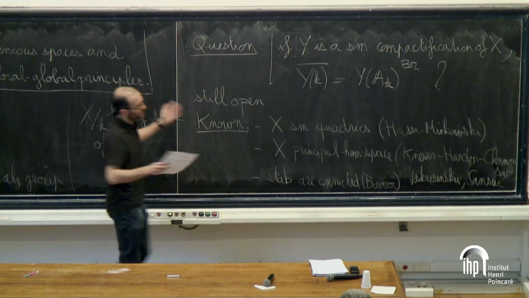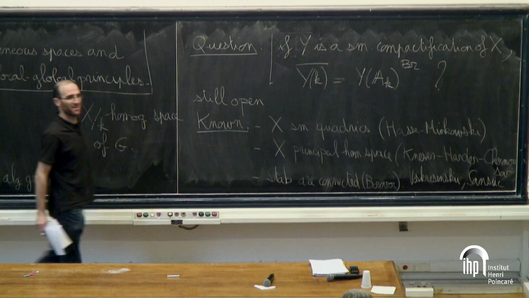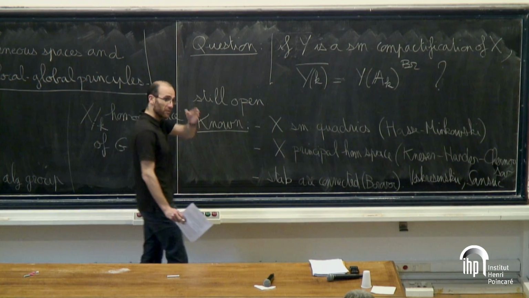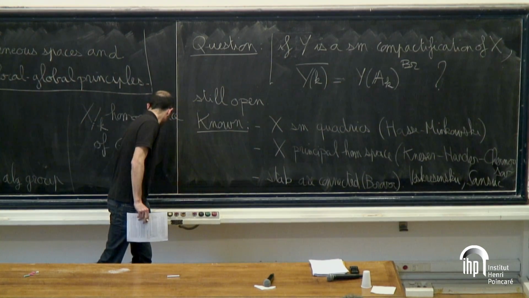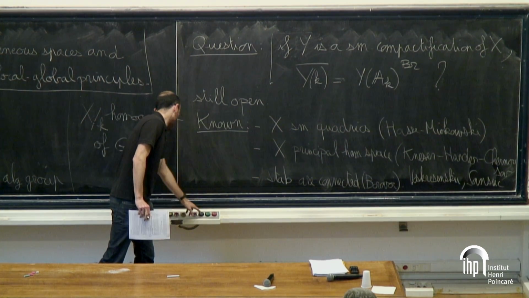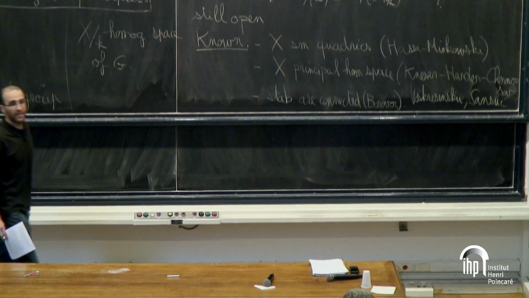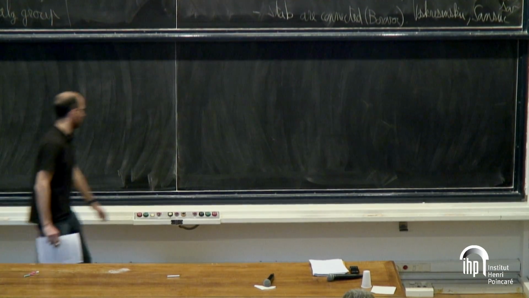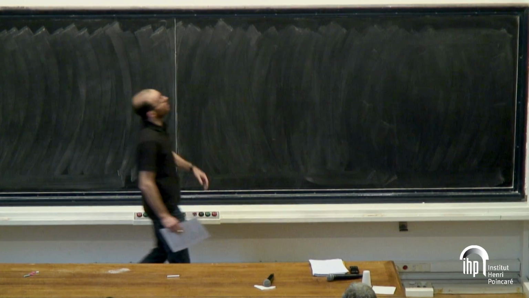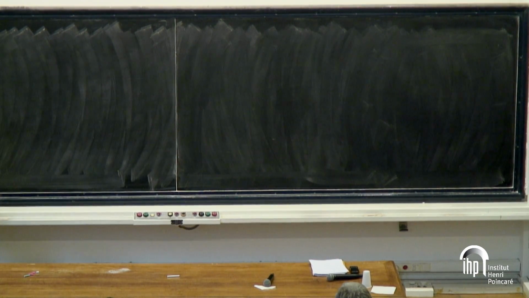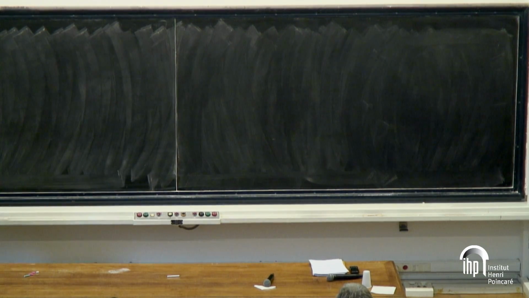And essentially, this is what was known before some recent work by Olivier Wittenberg and Jonathan Harpaz. And I will try to explain ideas about how to get rid of the connectedness assumption in the result by Borovoi.